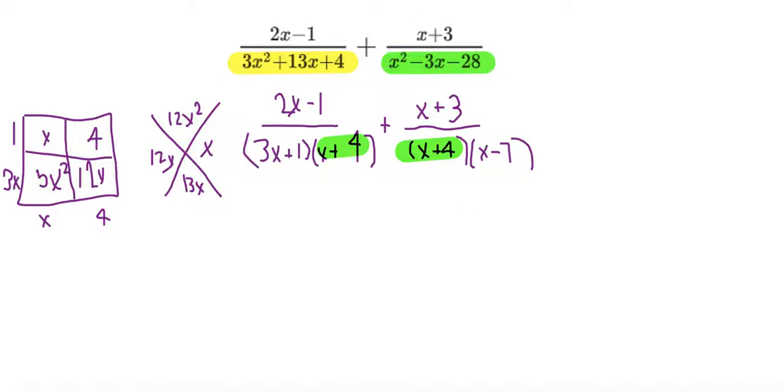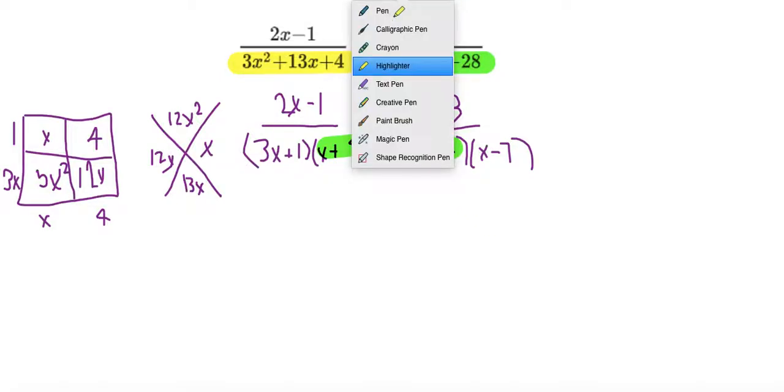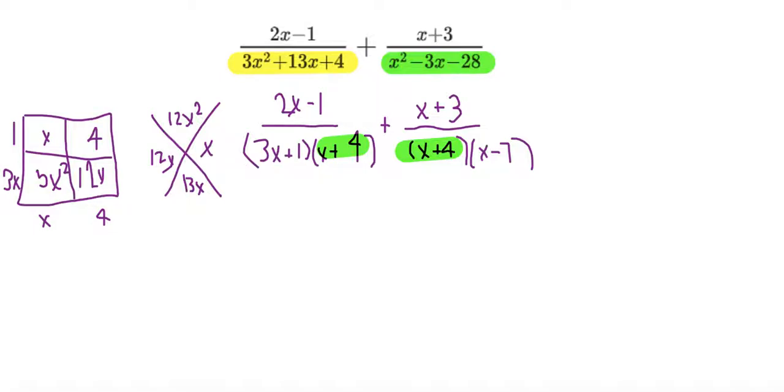So what I want to do is I'm going to multiply this fraction here by 3x plus 1 over 3x plus 1. Then this fraction here by x minus 7 over x minus 7. So I'm really going to have three things that are being multiplied in my common denominator.